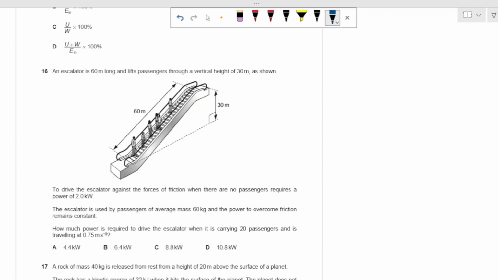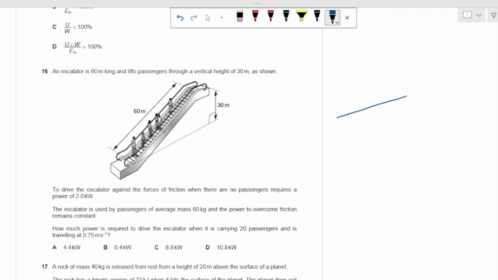They're asking us how much power is required to drive the escalator when there are 20 passengers on it. So, what kind of power exactly? Well, when the passengers are going up the escalator, there are two kinds of power involved: the power done against gravity and against the force of friction.